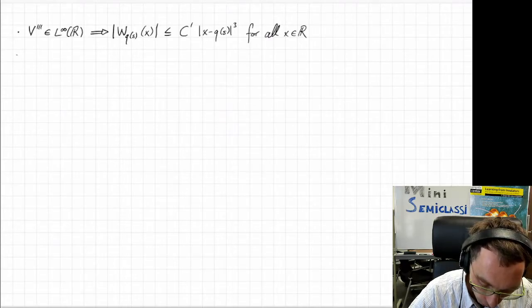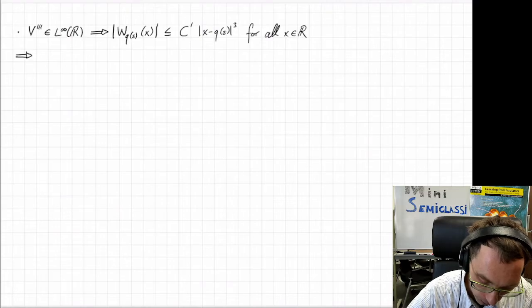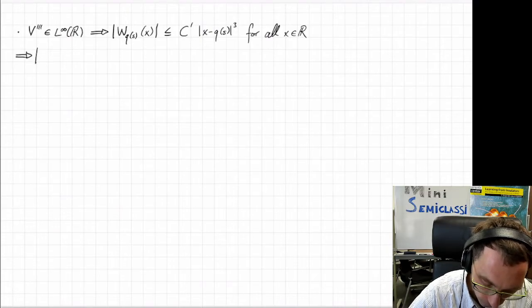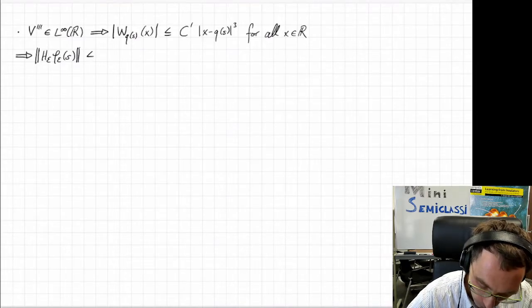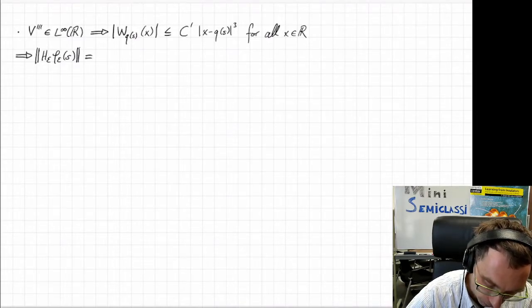And what I'm left with is, so the first one is the Cauchy-Schwarz inequality.